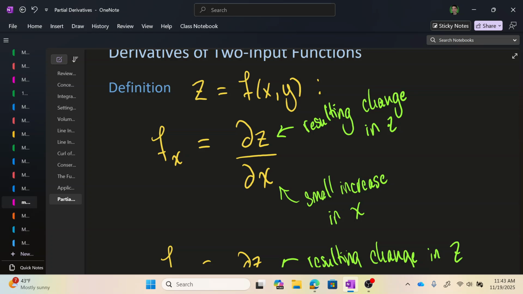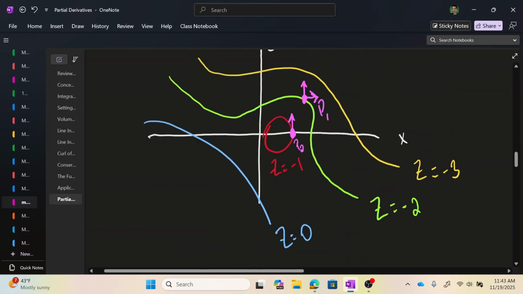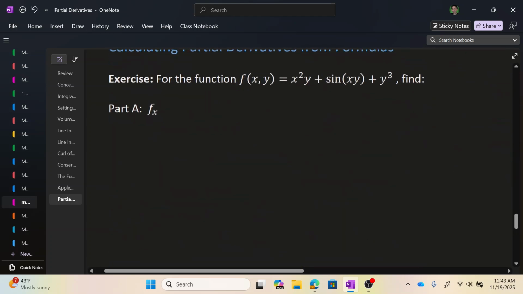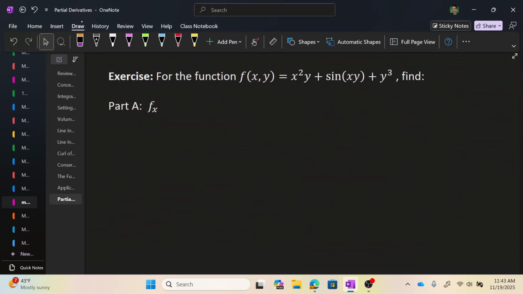Only x is changing here, y is not changing. Because y is not changing, when you're calculating the partial derivative with respect to x, you can treat y as if it's a constant. And so that is the principle that we're going to use as we calculate f sub x from this formula.